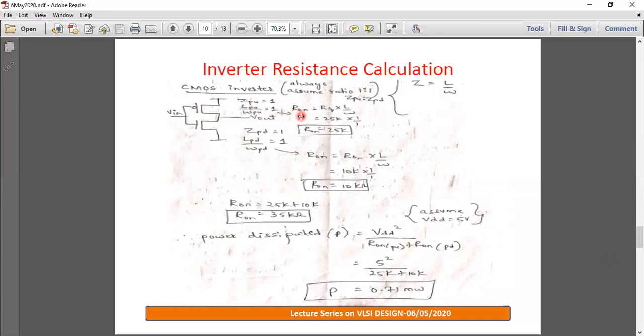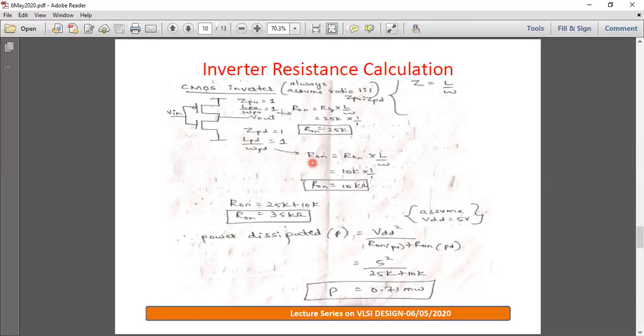Therefore, for the pull up device, that is PMOS, resistance formula is sheet resistance into L by W, and the pull-up device is a P device. So sheet resistance for PMOS is 25K, and L by W for pull-up is 1. Hence, resistance for the pull-up device is 25K. Pull-down ratio is 1, so ZPD equals 1. Z is given by L by W. So since Z is 1, L by W for pull-down is 1.